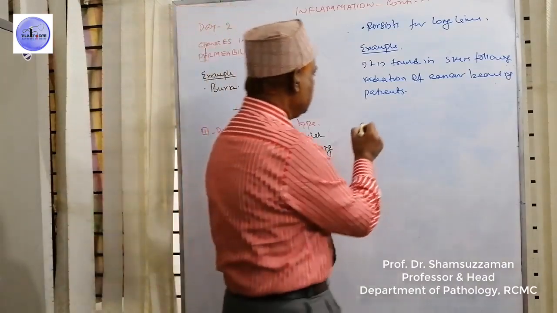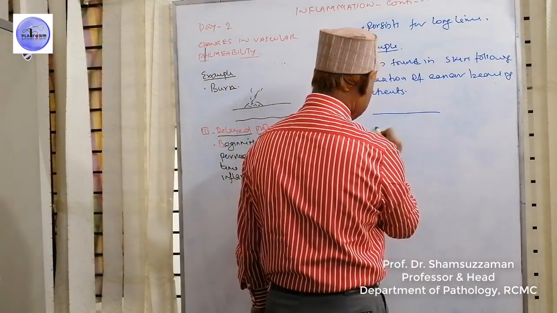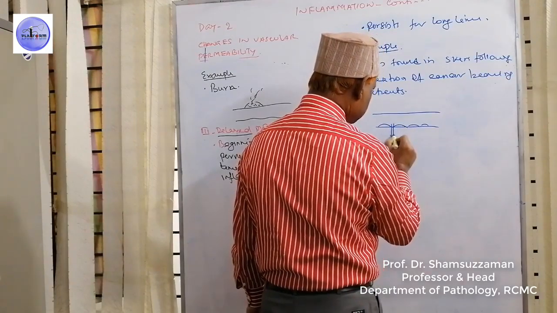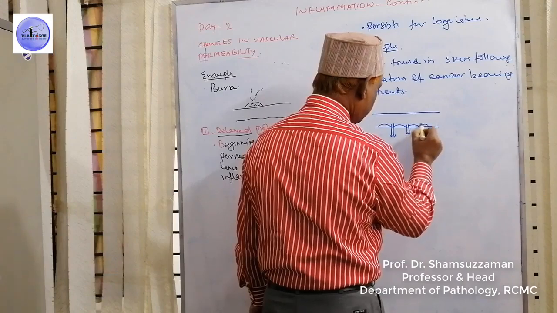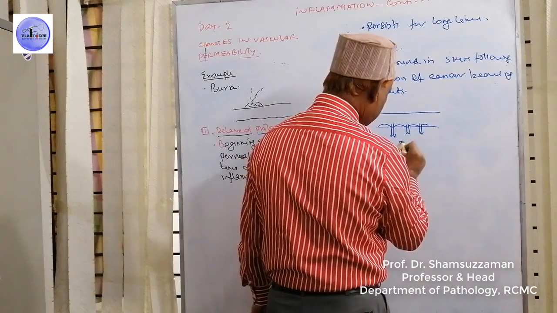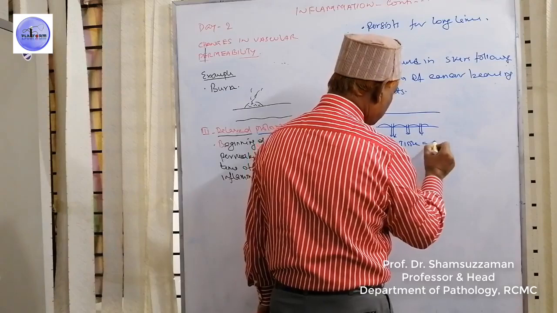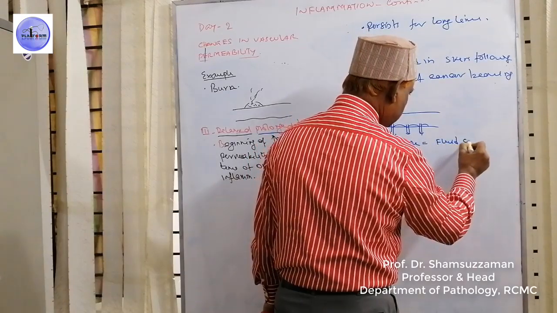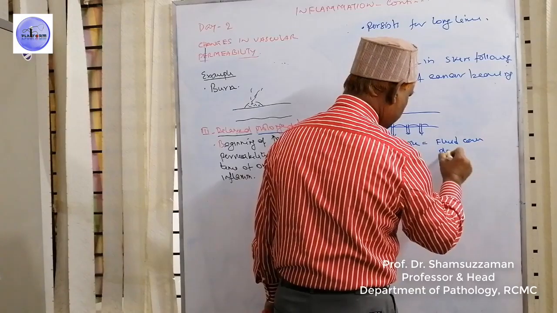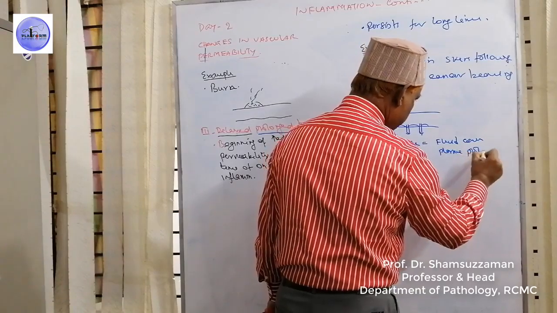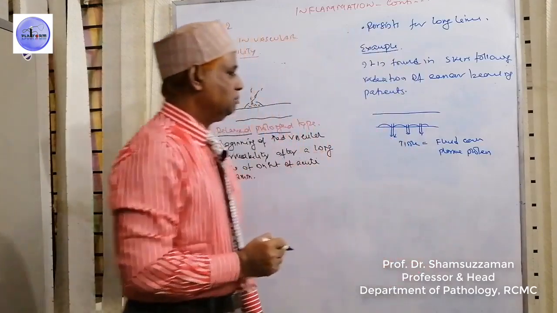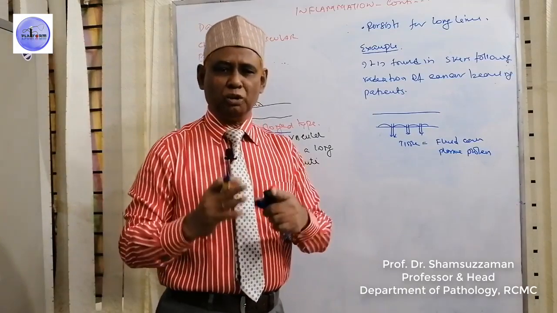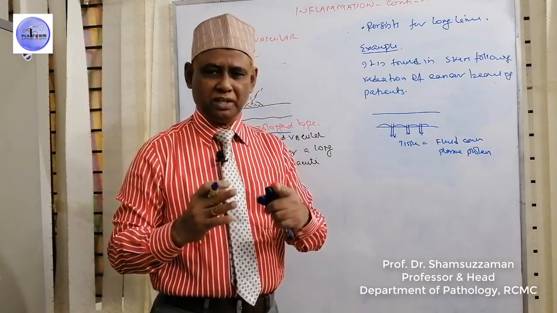Dear audience, again we can show the blood vessel like this, with the endothelial lining. If increased vascular permeability is here, what will happen in the tissue? There will be fluid, and the fluid contains plasma protein. Because normally plasma protein cannot come out of the blood vessel through the normal interendothelial junction.